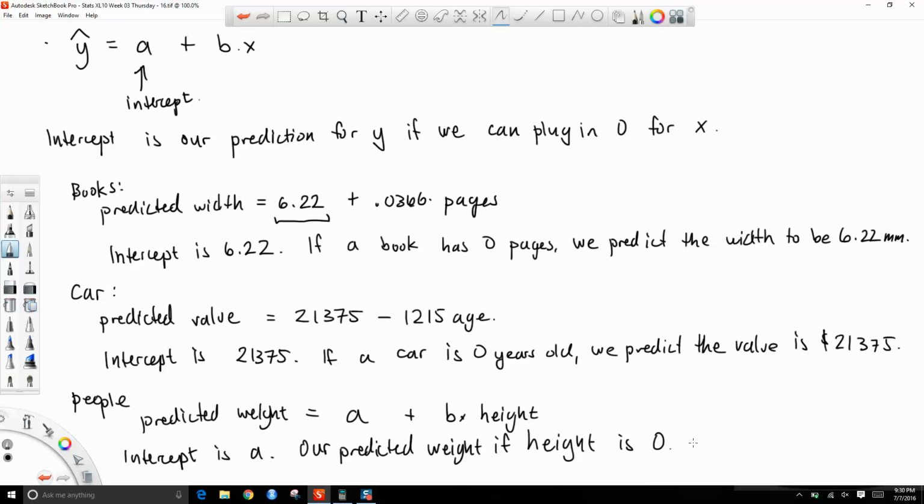So in this case, the intercept does not make sense. That is the interpretation of the intercept and the slope. I hope that's all okay with everybody.